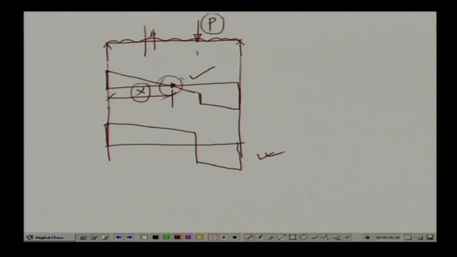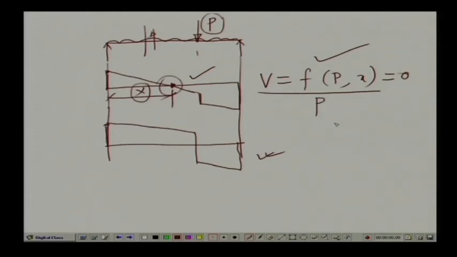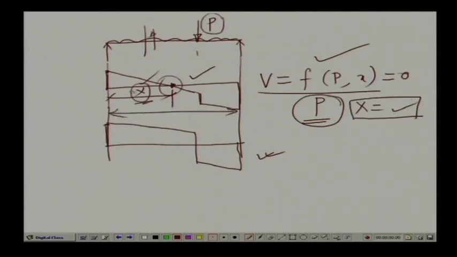Now, if we write down the expression for V, which is a function of P and the distance x, and set this equal to 0, correspondingly we can get a value of P, and the value of P which we get we substitute in the expression for x. Now, the value of x which we get corresponding to this goes beyond the length of this particular beam.